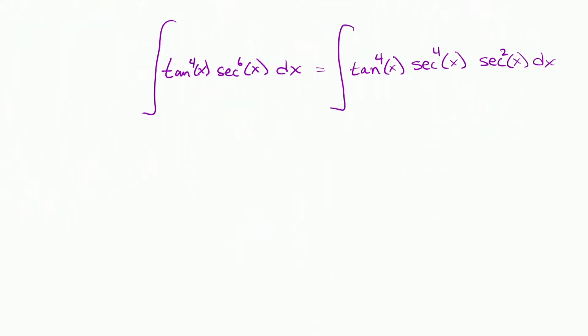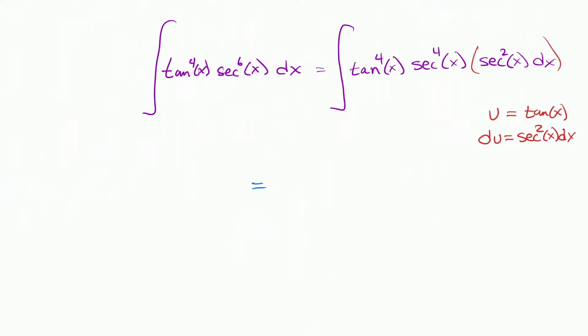The reason is that du is secant squared dx. In other words, u is equal to the tangent of x. So you can see that I've separated out those 2 secants in service of this particular substitution.